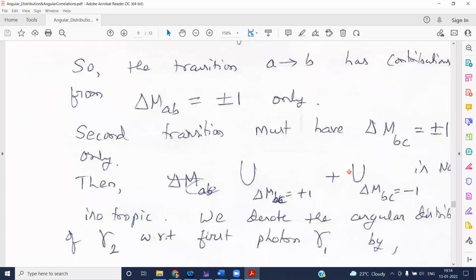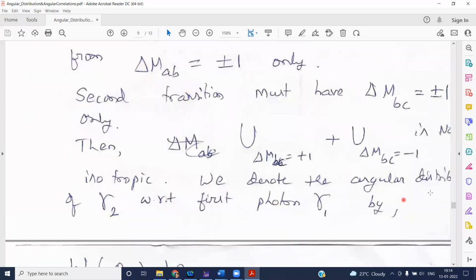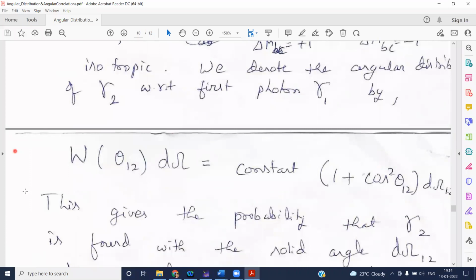I do calculate it, and then I know the angular distribution of gamma 2 with respect to the direction of the first photon is given by, I call this one new notation. People are crazy, they give you several notations. So I beg you to remember this notation. W theta 1 2 means the first radiation; with respect to the first radiation, what is the direction of the second radiation?